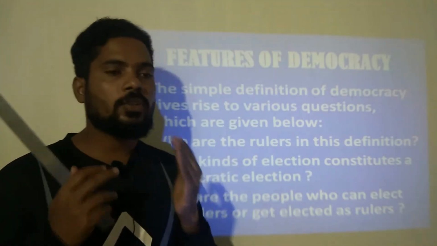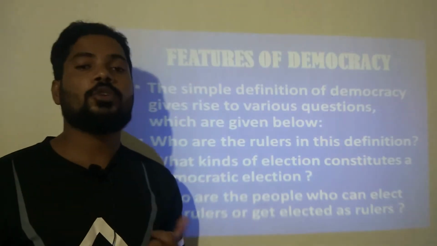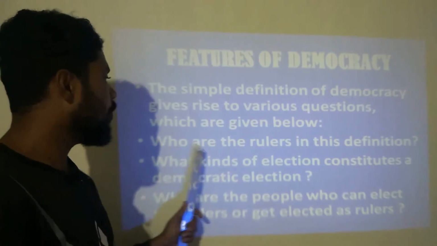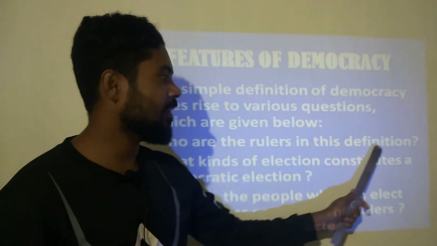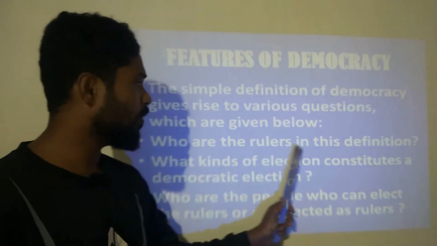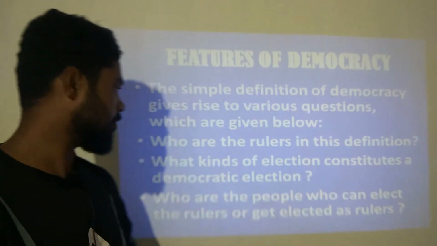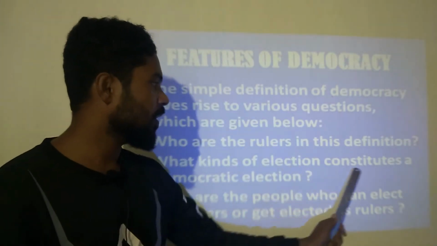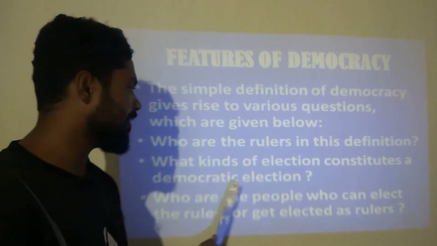If we talk about democracy, many questions will come to our mind. The first question: who are the rulers in this definition of democracy? The next question is: what kinds of election constitute a democratic election?